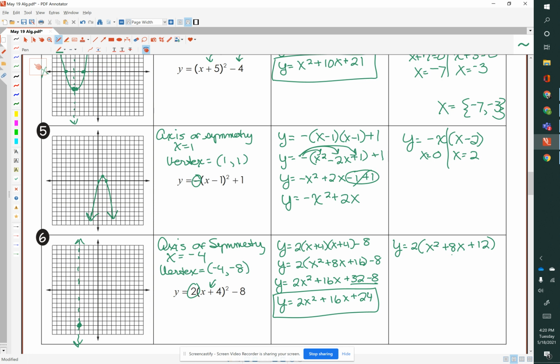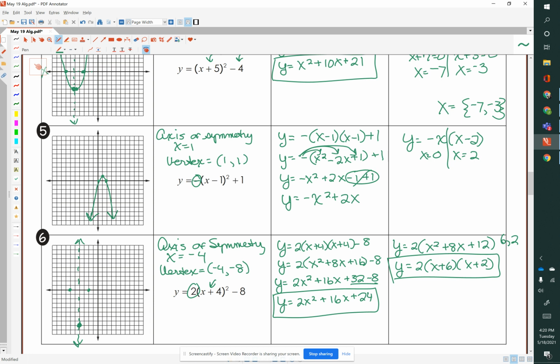Now we need two numbers that add to 8 and multiply to 12. They'll both be positive. So that would be 6 and 2. So y equals 2 times (x plus 6)(x plus 2). And that means that this quadratic will cross the x-axis at negative 6 and negative 2, right there and right there.